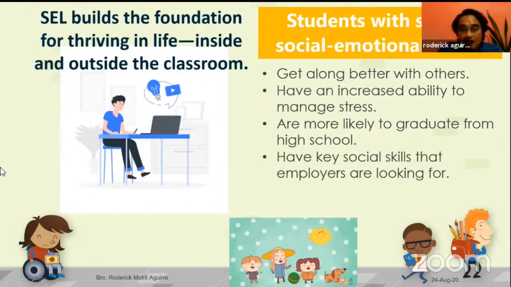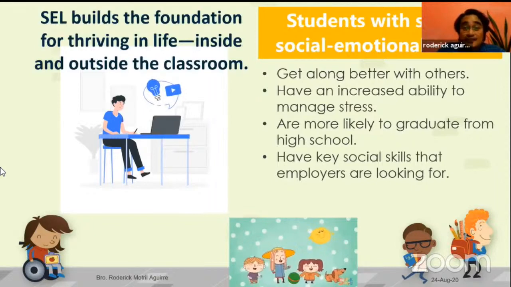And another thing that would show that students with strong social emotional skills have key social skills that employers are looking for: confident, trustworthy, people person. There you go. Sabi ko hindi ka siya mahihain sa akin. Kids are not born mahihain.